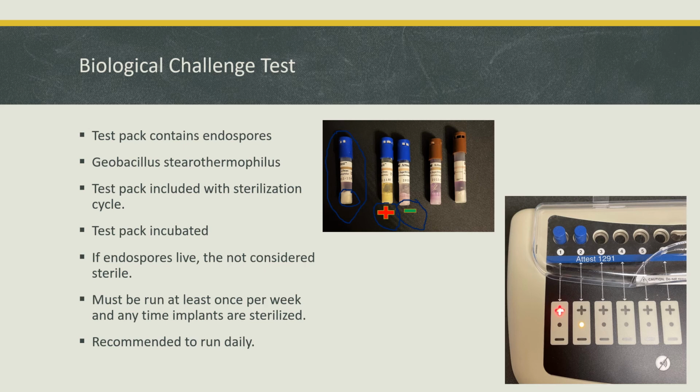Now, what we want is negative. Negative is good. Yay, let's give negative a star. Negative is good. That means that the endospores did not come to life and start growing. If it's positive, bad, that means the endospores did survive the sterilization. Once we have the growth medium mixed with the endospores, then they start to grow.